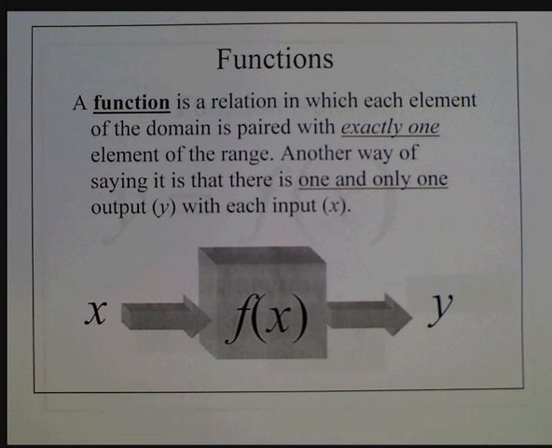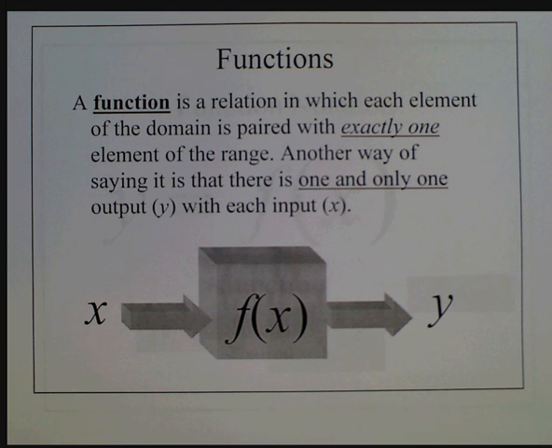And finally, a function is a relation in which each element of the domain is paired with exactly one element of the range. Another way of saying it is that there is one and only one output or y value with each input x value.